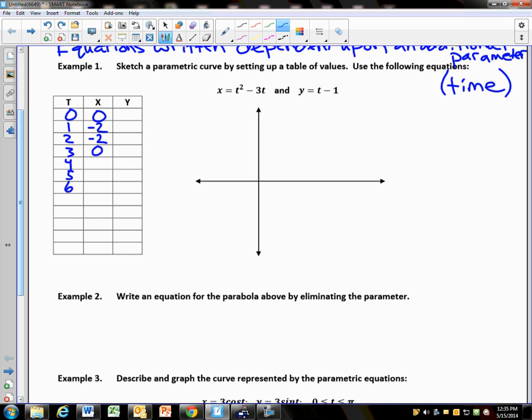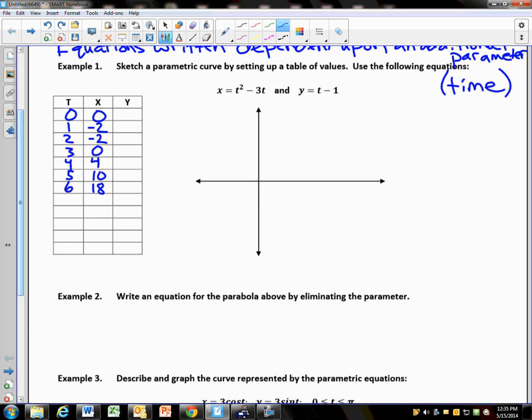How about 16 minus 12? How about 25 minus 15? And 6 squared minus 3 times 6, 36 minus 18. So we know our x values that we will plot.